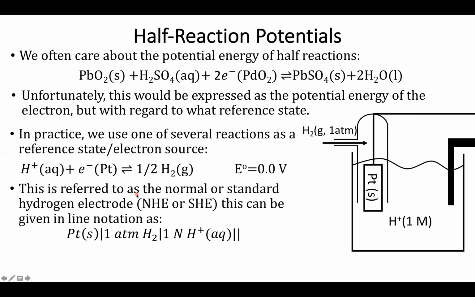This is referred to as the normal hydrogen electrode if I'm dealing with a 1 normal solution, or a standard hydrogen electrode if I treat a system of 1 molar protons as if they were ideal. Functionally, these two numbers should be the exact same. And again, this can be given in line notation as a platinum electrode, 1 atmospheric hydrogen, and 1 normal protons.